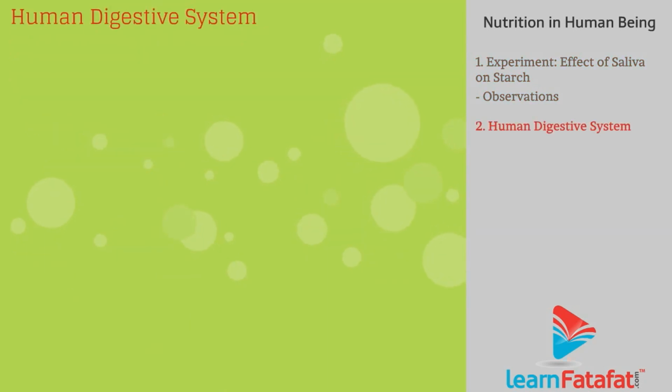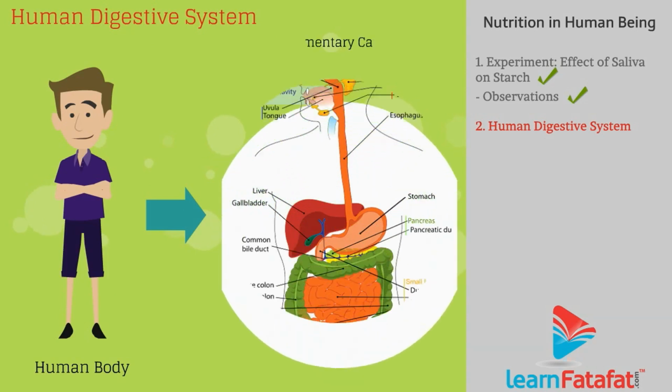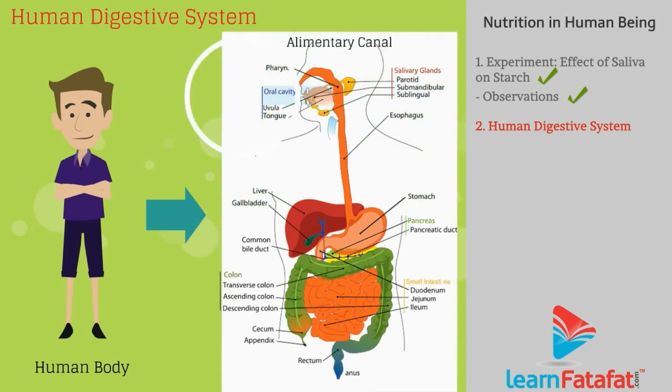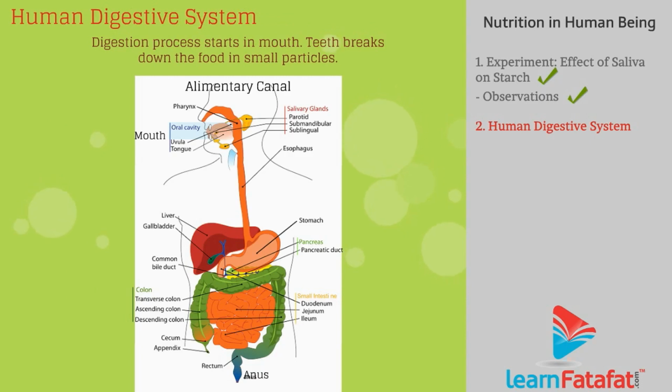Human digestive system. The human body has a well-developed structure called the alimentary canal that extends from the mouth to the anus and has separate parts to perform specific functions. The digestion process starts in the mouth. Teeth break down the food into small particles.